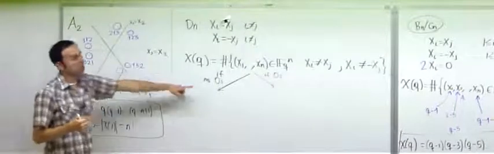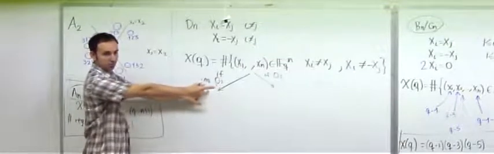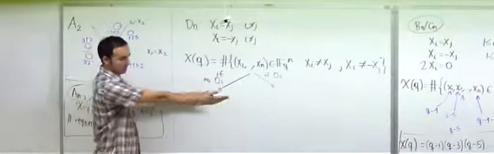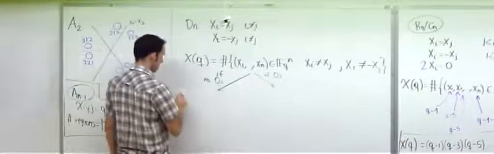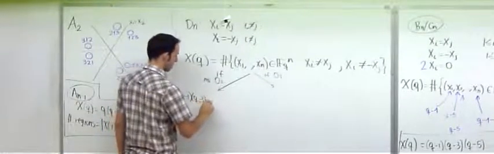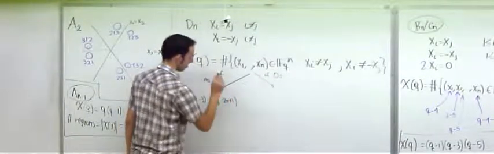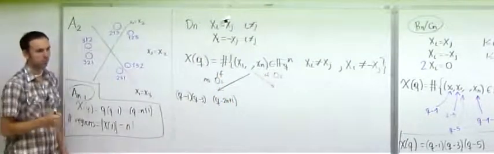So if there's no zeros, then I'm exactly in that situation. Yeah? And so I already know the answer. q minus 1, q minus 3, dot, dot, dot, until q minus 2n plus 1. If I don't get to use 0.